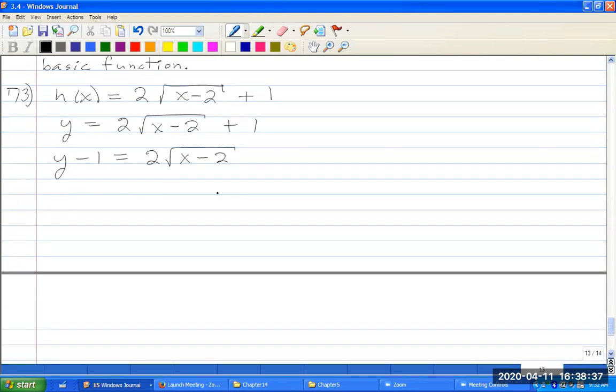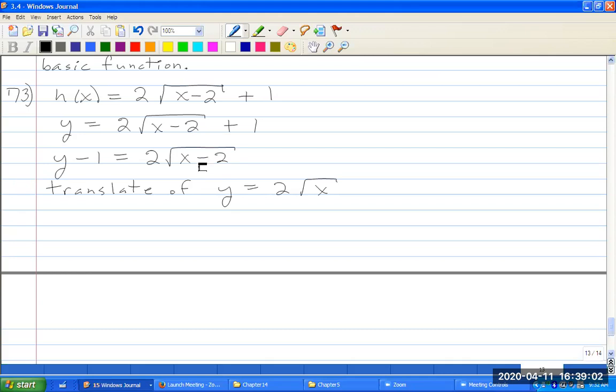So if I do that, this is a translation of y equaling 2 rad x by the following. Well, let's see. We're going to be subtracting 2 from x.